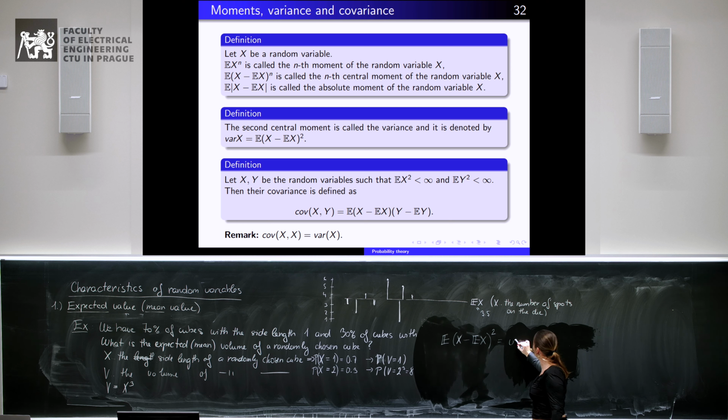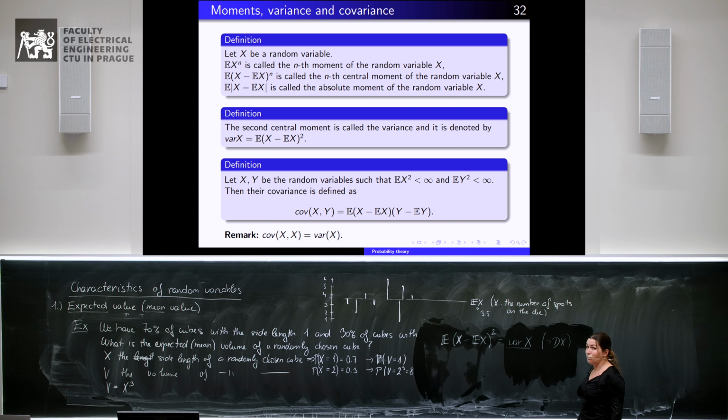It is called the variance, and I will denote it Var x, from the word variance. You can sometimes meet in the literature the notation Dx or something else, but I will keep the notation Var x. And what does it mean?